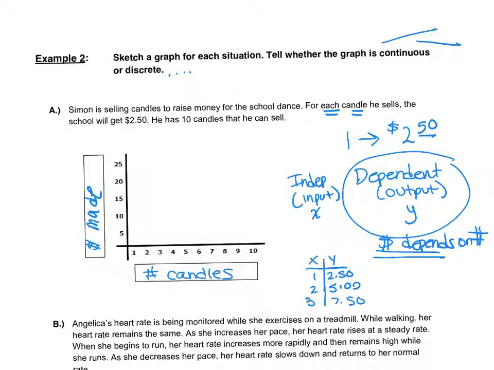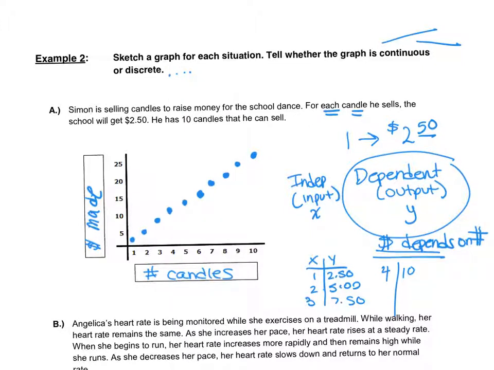Let's graph that for now. 1 candle is $2.50. 2 candles is $5. 3 candles is $7.50. 4 candles, if we continue, would be $10. 5 candles is $2.50 more. 6 candles is $15. 7 candles, 8 candles is $20. 9, and 10 is $25.